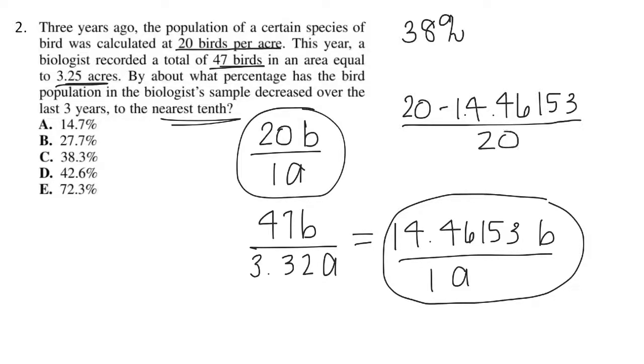That's going to give us our percent decrease. And so when we do that difference, we should come up with, let's see, 0.27692. And so that's going to give me answer choice B.